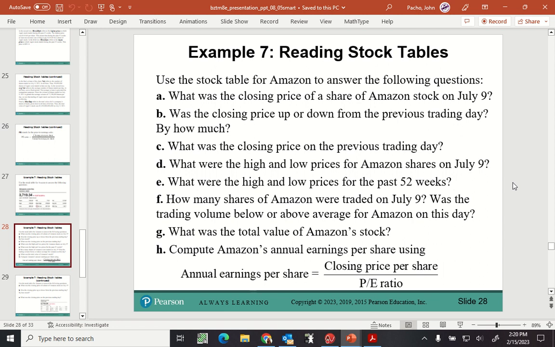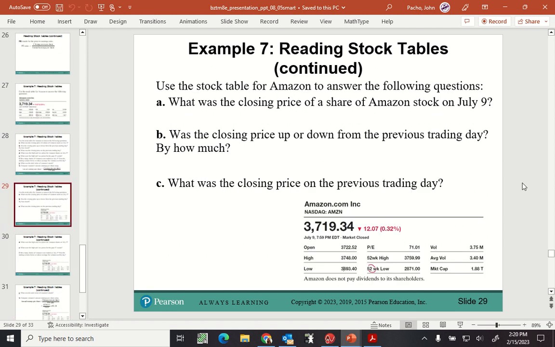So, closing price divided by my PE ratio. So the PE ratio is on the board, is on the thing, so let's go through and look. All right, here it is here. A. What was the closing price? 3,719.34.